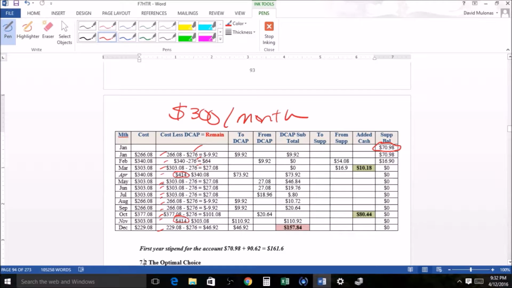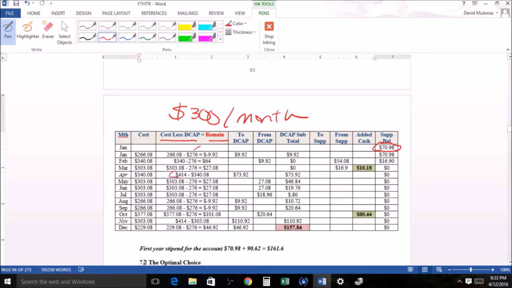What we want to see is how this is going to play out. So what we added here is cost less DCAP equals remain, because there could be some remaining, either negative or positive, and we'll put it into the right place accordingly. So you can see in the first month here that actually when we say there's a negative $9.92, that's really a surplus. So you can do this any way you want. Technically, if you put the numbers in order, that's what it would look like.